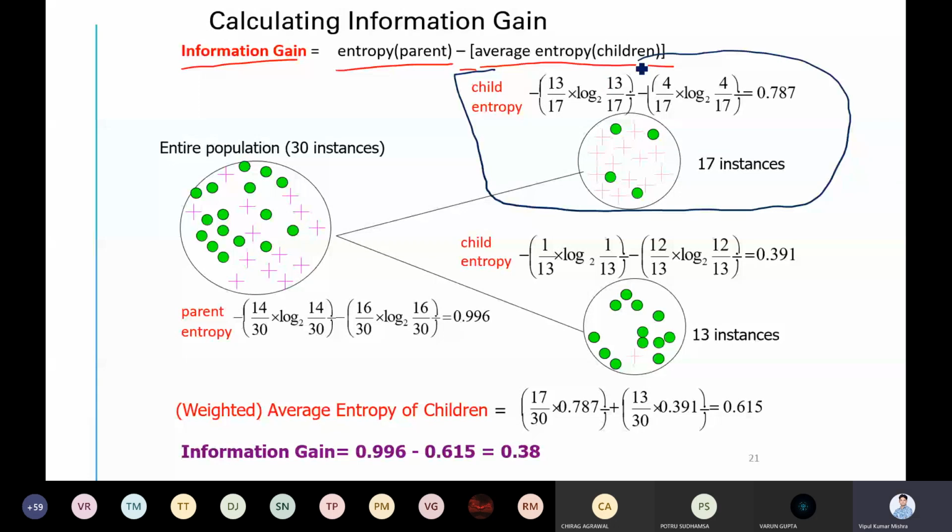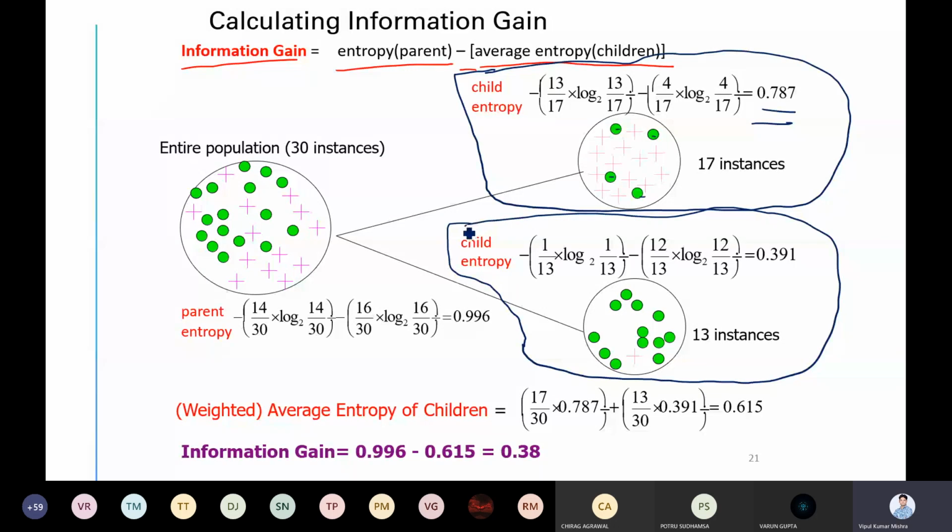Here you have 4 instances for minus and 13 instances for plus. So how do you compute entropy for this? 13 divided by 17 log base 2 of 13 divided by 17, 4 divided by 17 log base 2 of 4 divided by 17, and you computed entropy for this. Now for the second child, you have only 1 plus and 12 minus, so this 13 instances are 1 plus and 12 minus.